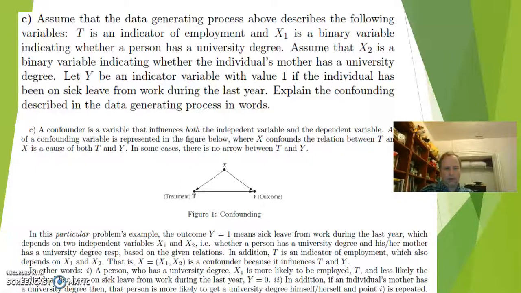And then a person who has a university degree is more likely to be employed and less likely to have been on sick leave from work during the last year. Okay, so education is important both for the individual and from the parents. So that confounds both employment and sick leave. Okay, people with more education are more likely to be employed and less likely to get sick.